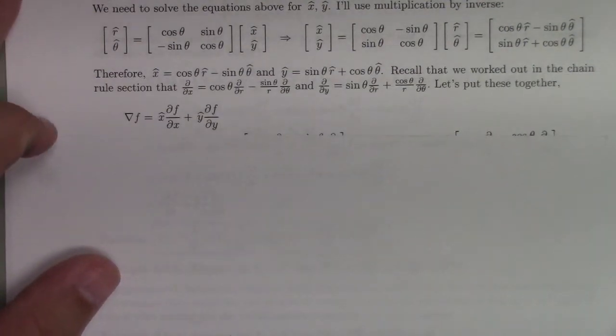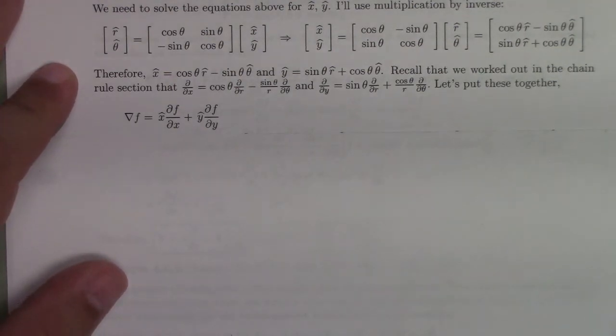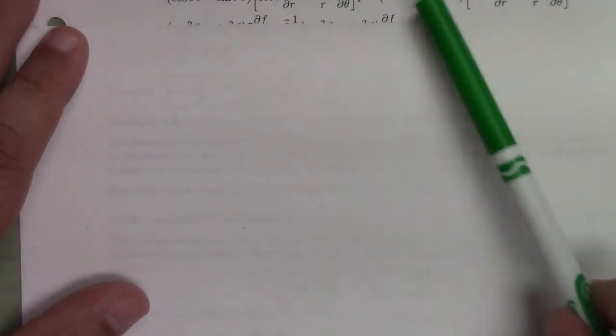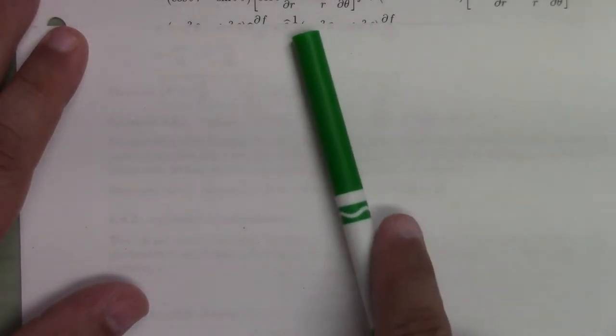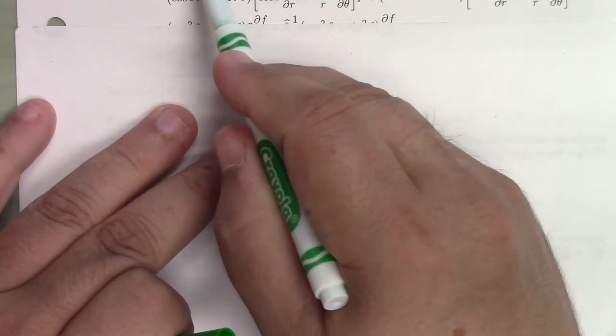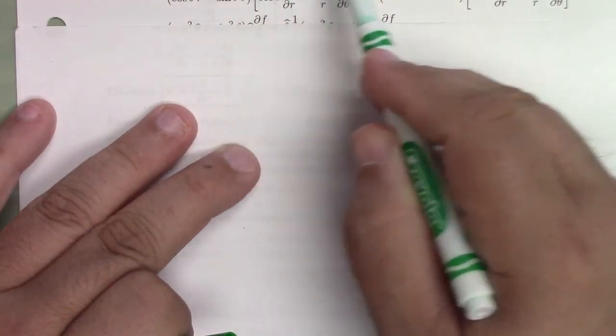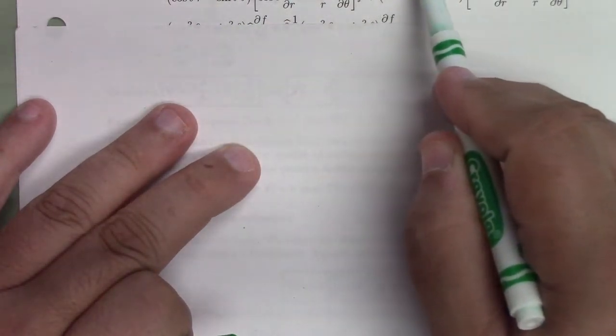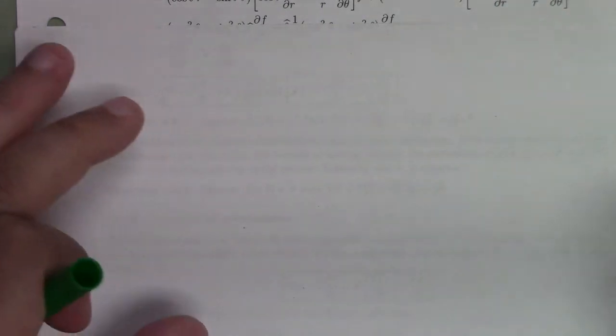And then if I plug that into the formula for the gradient, well, that gives me this. This is my x hat, this is my y hat. And remember, we also figured out what partial x in terms of the r and theta derivatives was, back in our chain rule section. And partial y was this in terms of the r and theta derivatives back in that chain rule section.